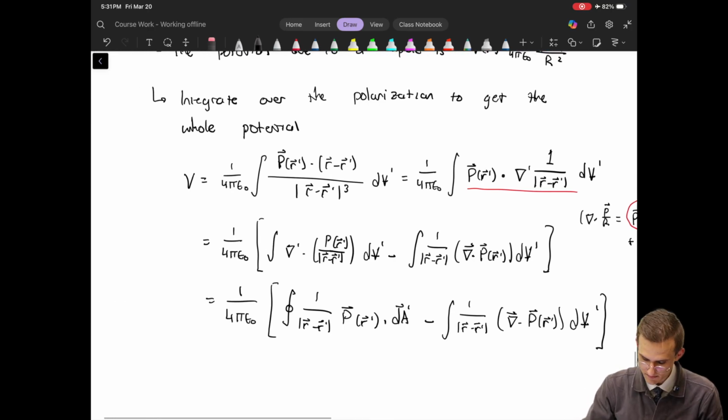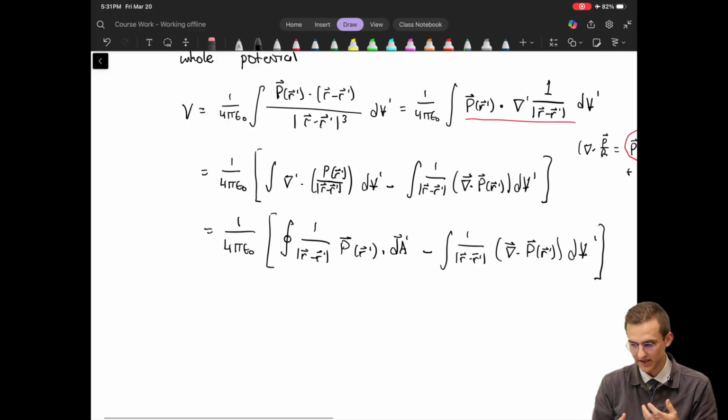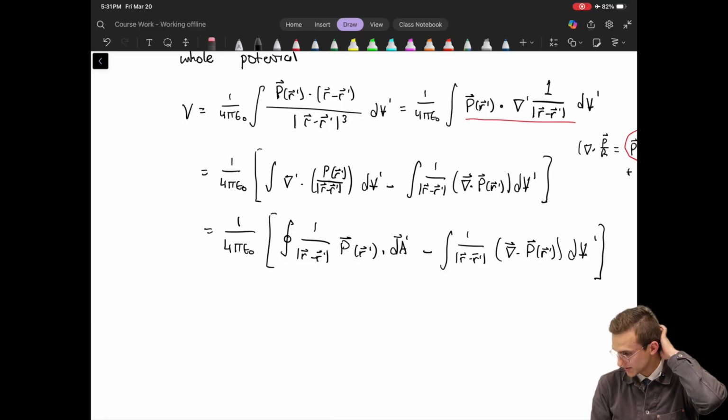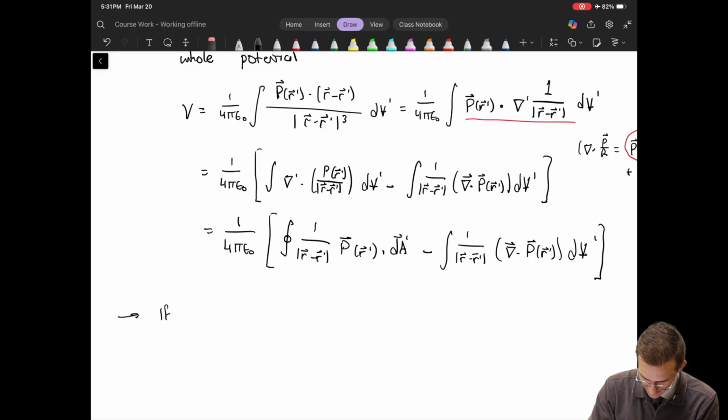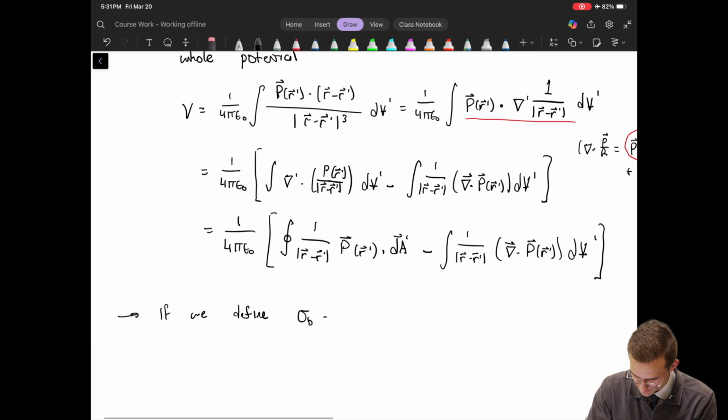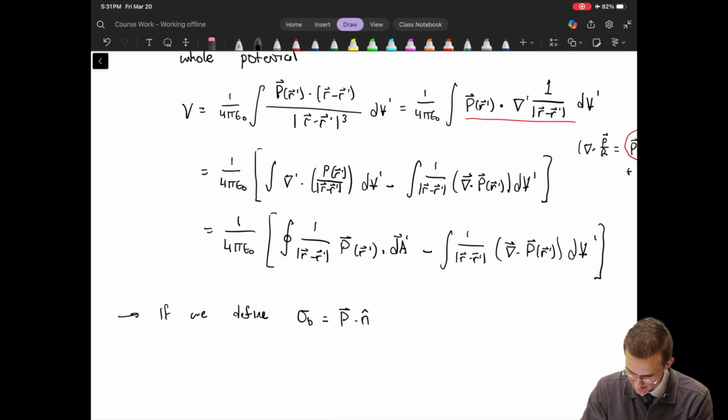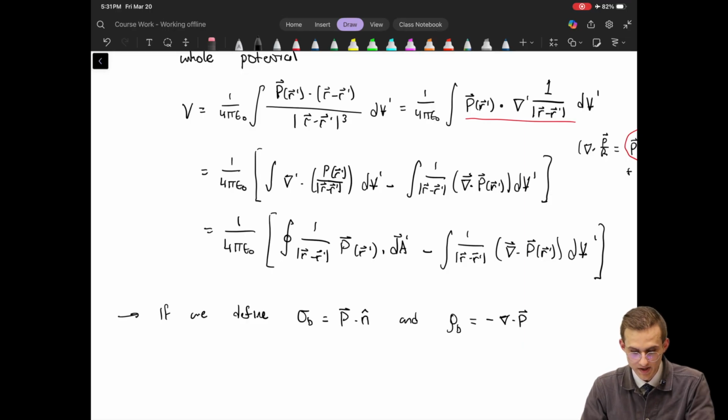This is almost like an enthalpy moment in thermodynamics, where if you come up with this definition, your equations become much simpler. So if we define sigma b as equal to the dot product between P and the outward normal of the control surface, and rho b as minus the divergence of P, the polarization field, then the equation will look like the potential created by a surface and volume charge density.